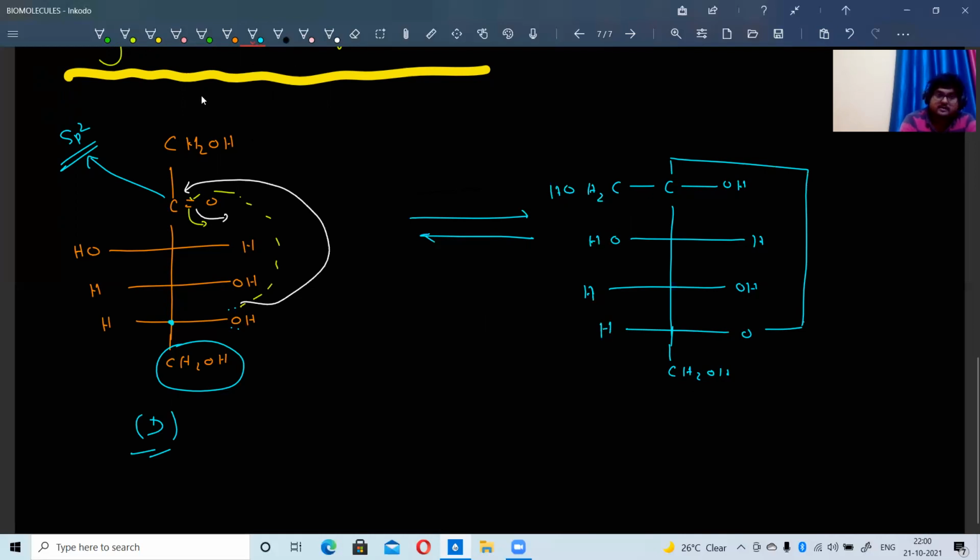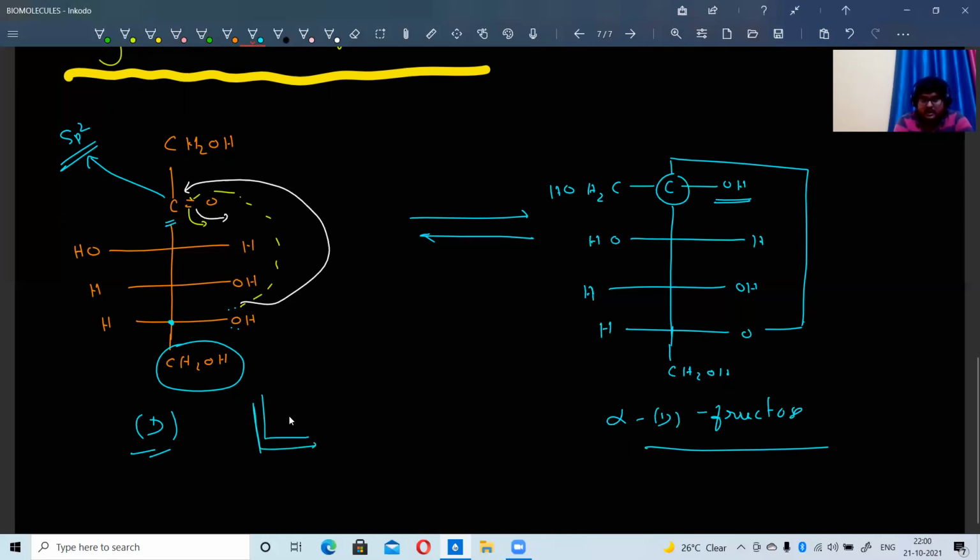Which carbon is the anomeric carbon? The sp2 one. At the sp2 carbon, this OH is on the right hand side, that's why it is the alpha D fructose form. Now if you draw the beta D fructose form, a similar structure is possible. All are in equilibrium.